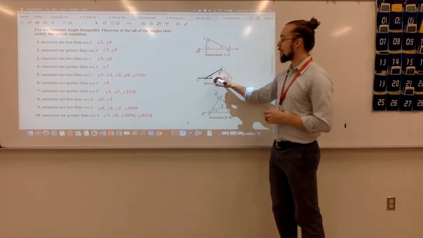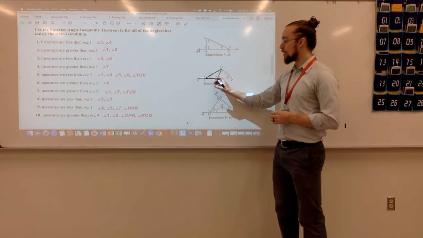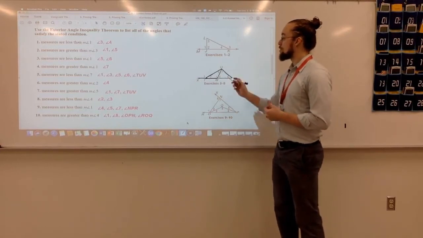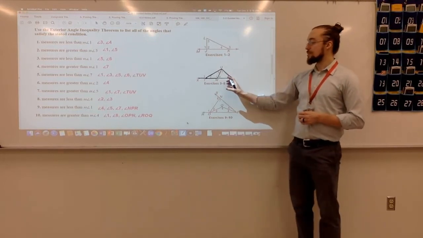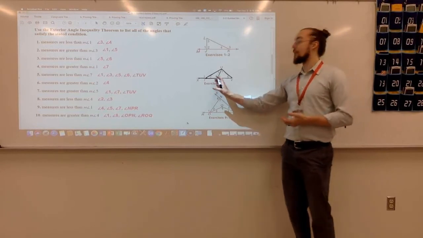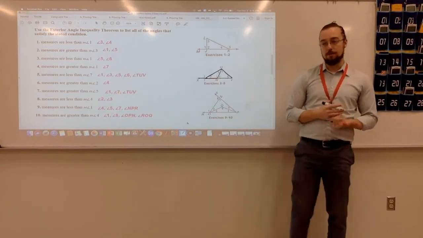Well, now I can also say that angle 1 is an exterior angle to this triangle. So then we can say that angles 5 and 6 are less than angle 1, which means they would have to be also less than angle 7.